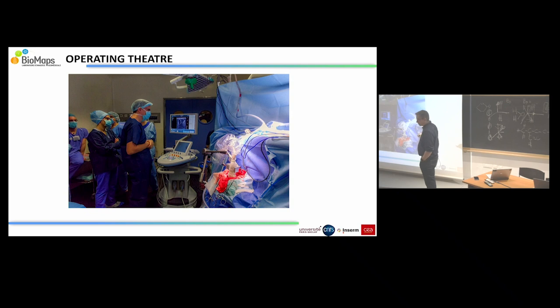And here you have a patient that came to remove a tumor. If you want to remove the tumor, you must know where the functional zones are in order to improve the patient's quality of life after surgery. To do that, the classical way for the neurosurgeon is to send some electrical pulses at the surface of the brain while the patient is awake, and to ask the patient what he feels during this electrical stimulation.